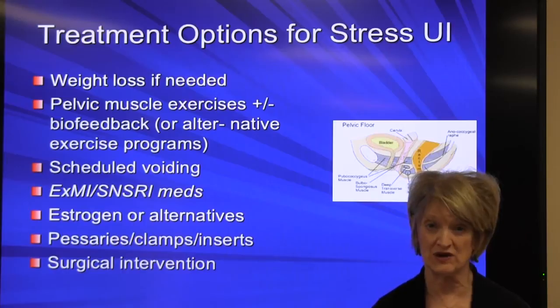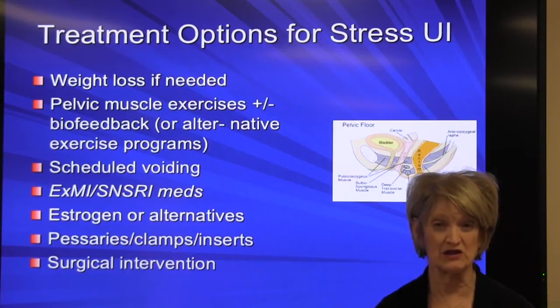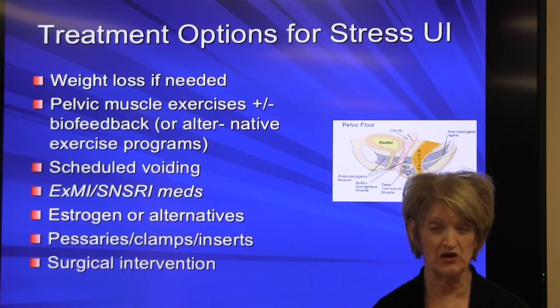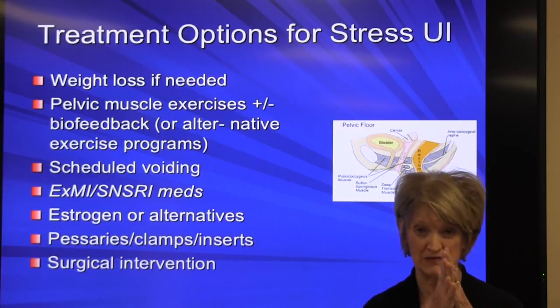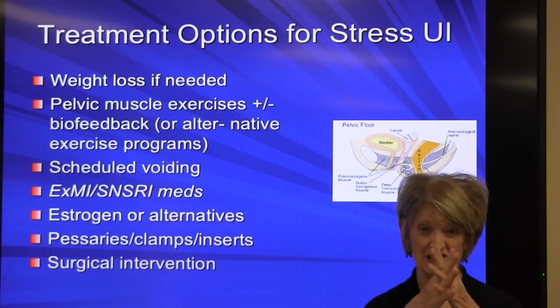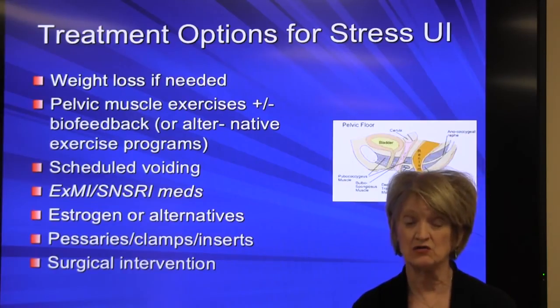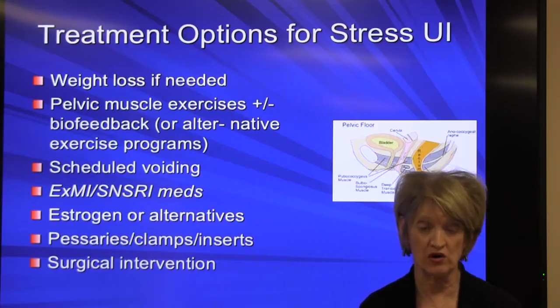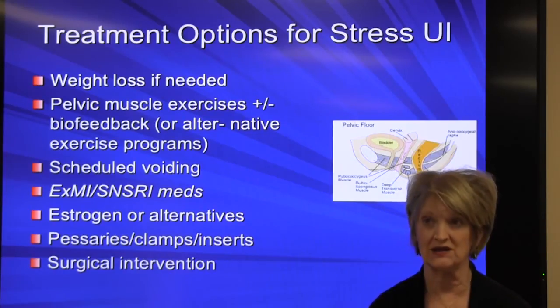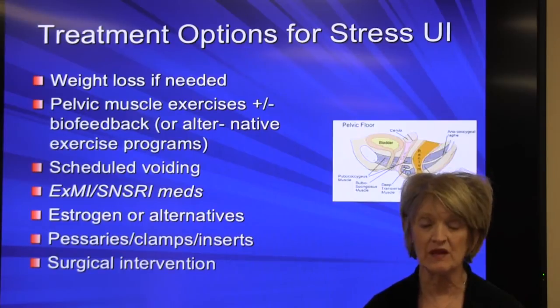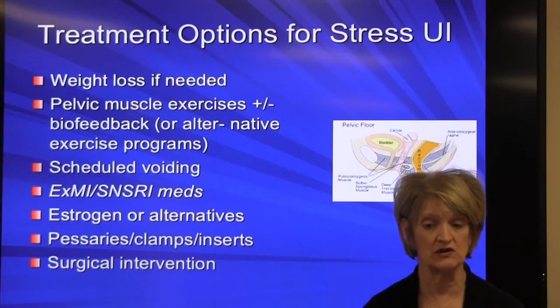But for the patient with stress incontinence, topical estrogen also plumps up the urothelium and supports urethral coaptation, keeps the urethral walls sticky so that they can collapse against each other. So topical estrogen, an important tool when you're managing a patient with stress incontinence. I put estrogen or alternatives.